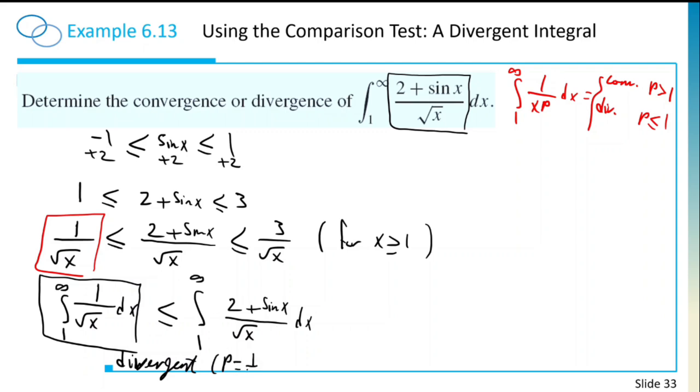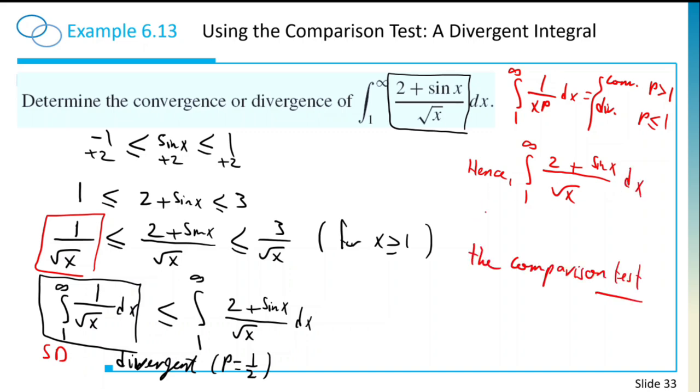So this is the case of the smaller one divergent. So hence we can easily say the integral from 1 to infinity of 2 plus sine x over square root of x dx diverges by the comparison test.